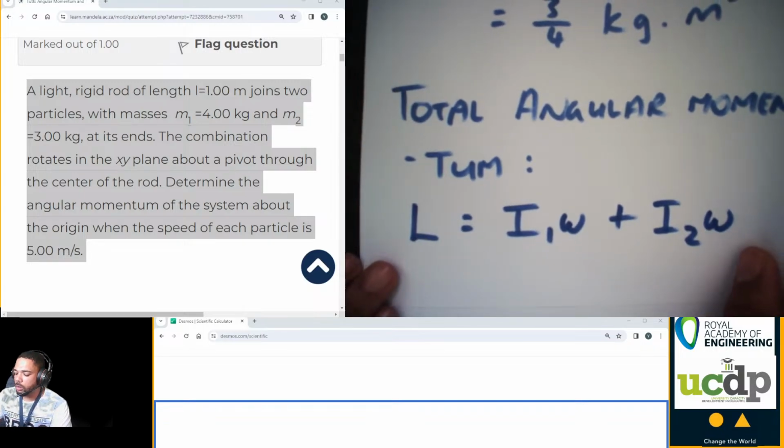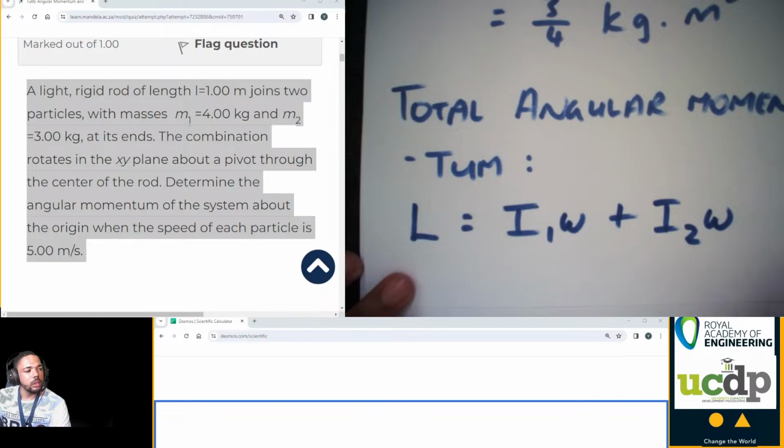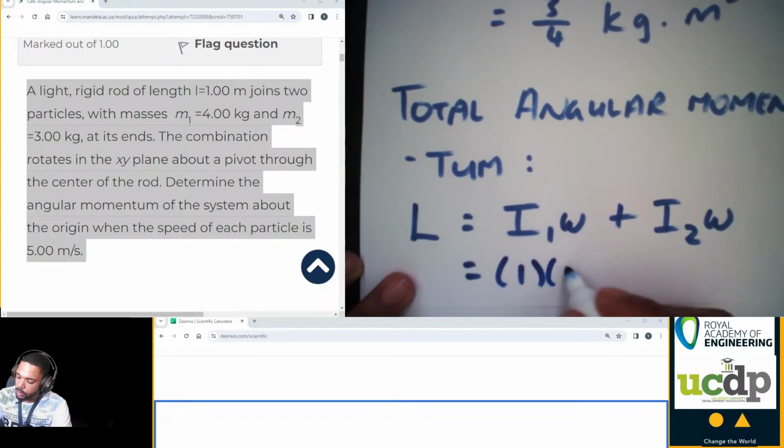That is how you will go about getting your total angular momentum in this case. So the inertia of the first one is 1, remember, we calculated it to be 1, and the angular velocity was 10.